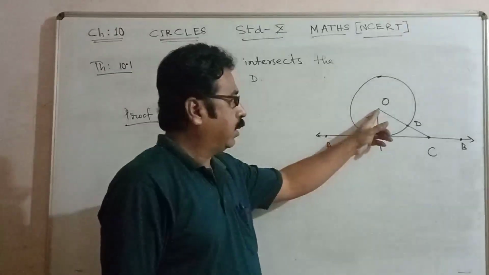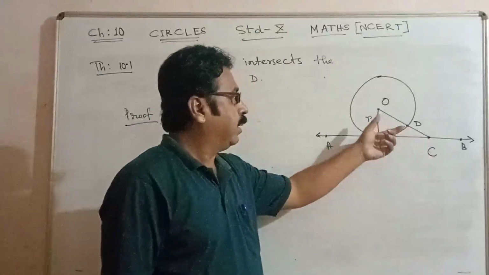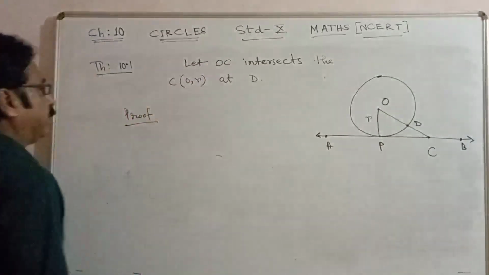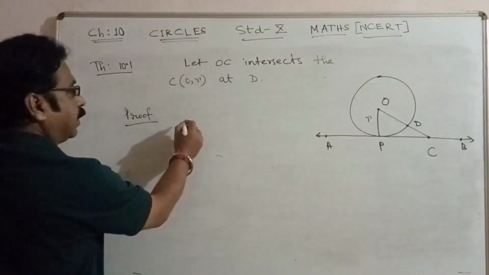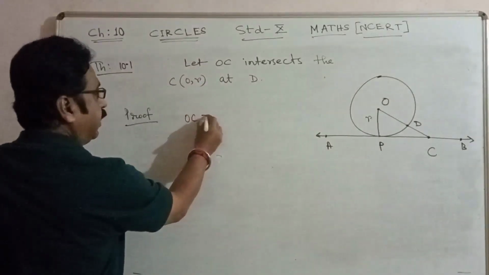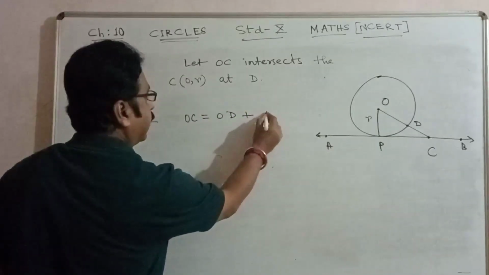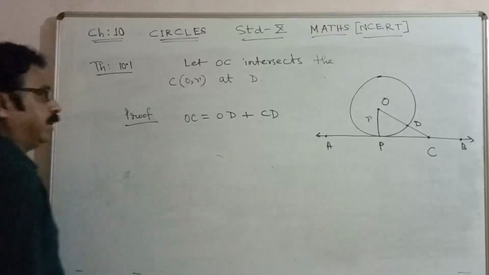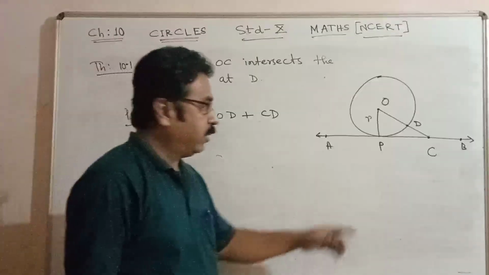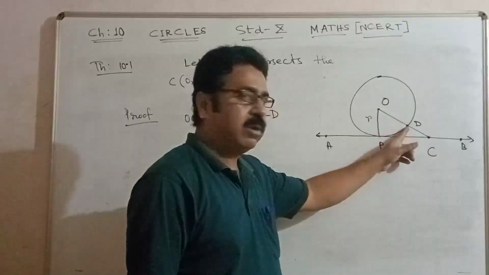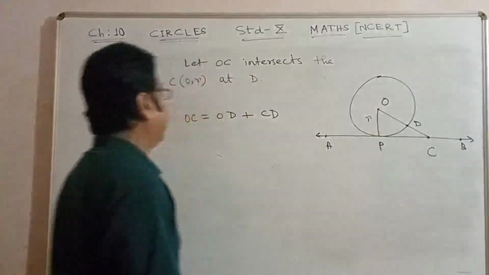OC means OD plus CD. We can write OC is equal to OD plus CD. Now OP is the radius of the circle, OD is also the radius of the circle.